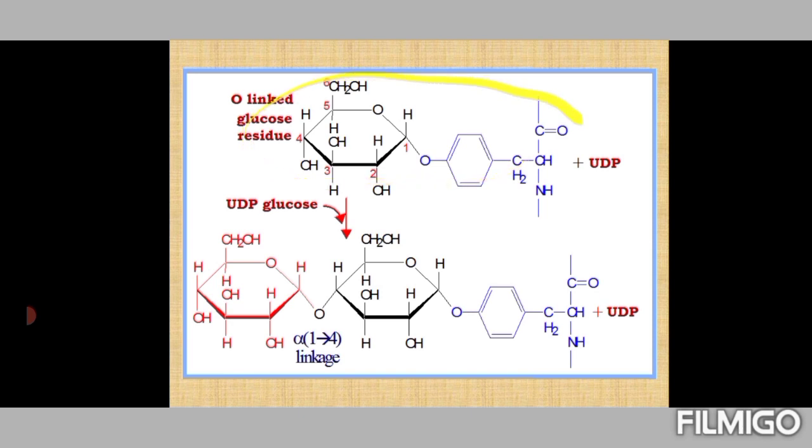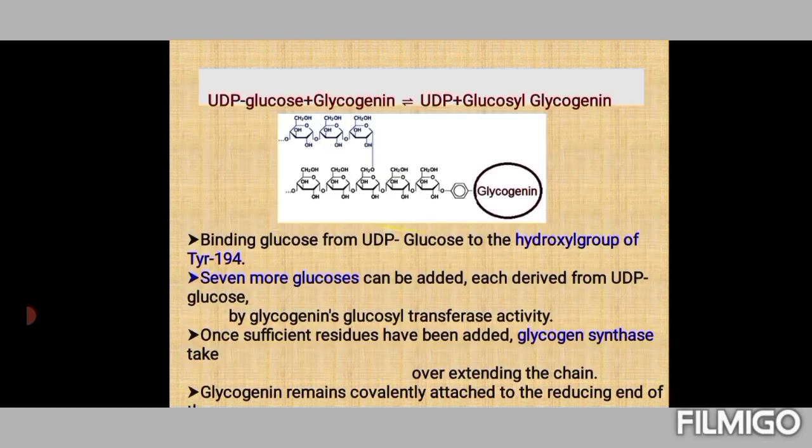So this is another molecule of UDPG that attaches to the previously attached glucose subunit by an alpha-1,4 linkage, and again a UDP is left behind. This is how glucose molecules are attached to the original glycogenin parent molecule one by one.